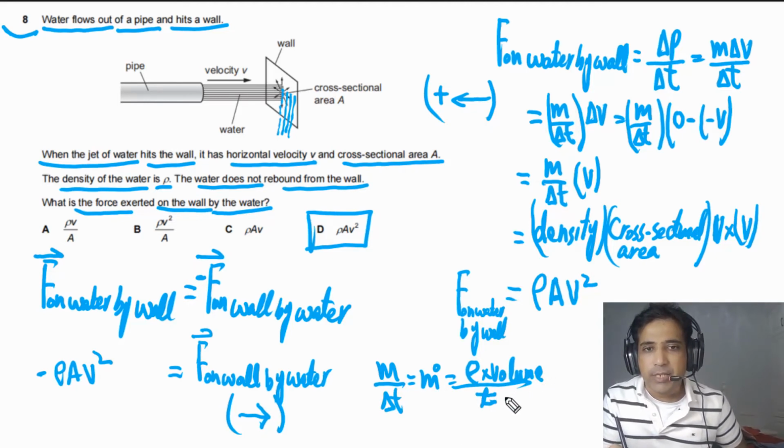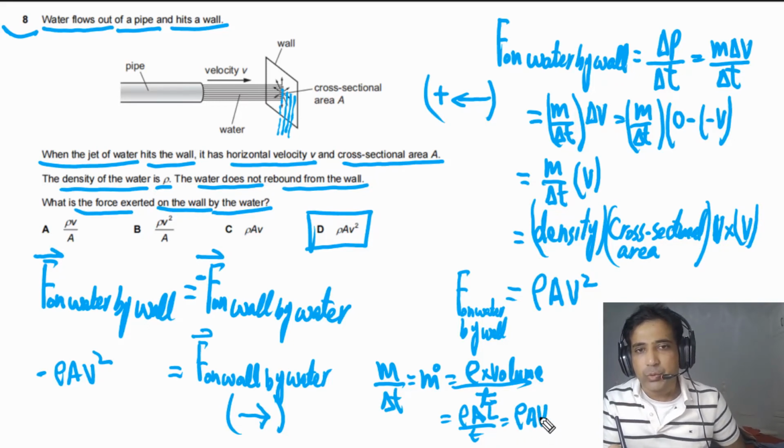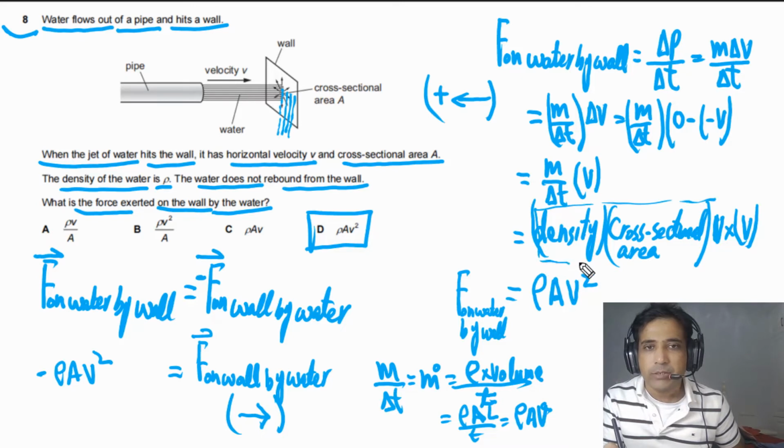L over t in this case is equal to v. So the mass flow rate is equal to rho A v, and this v is the speed. So this is what we have written here. The mass flow rate is equal to density times cross-sectional area times speed. This is the point you need to understand to answer this question. So in this case, our answer is T.